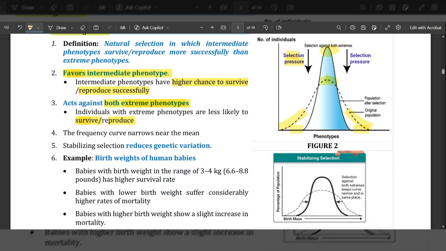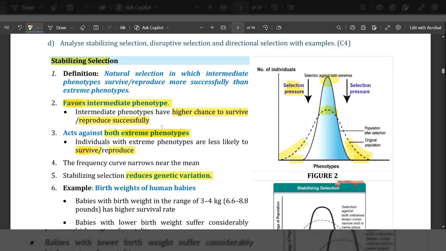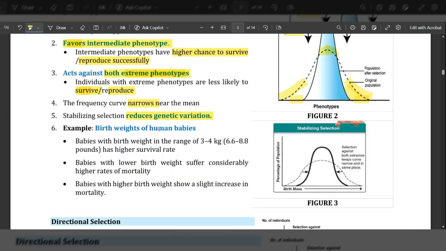The consequence is that the frequency of intermediate phenotype individuals increases, the frequency of extreme phenotype individuals is reduced, and at the end the extreme phenotype is eliminated from the population, which eventually reduces genetic variation. So in stabilizing selection, you can see that the gene pool becomes narrower. It indicates the reduction of genetic variation.